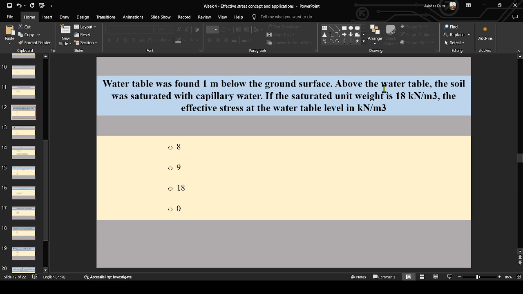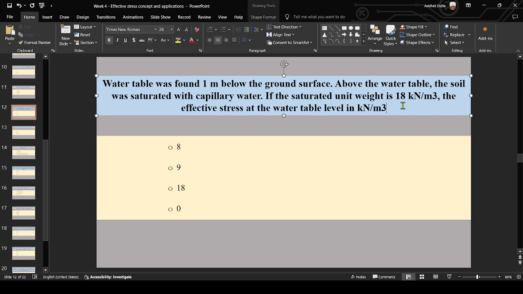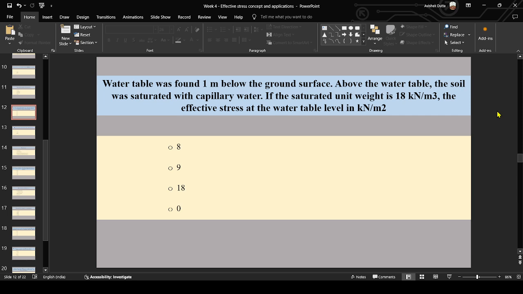The effective stress will be in kilonewton per meter square, because unit weight multiplied by some value will give us that.